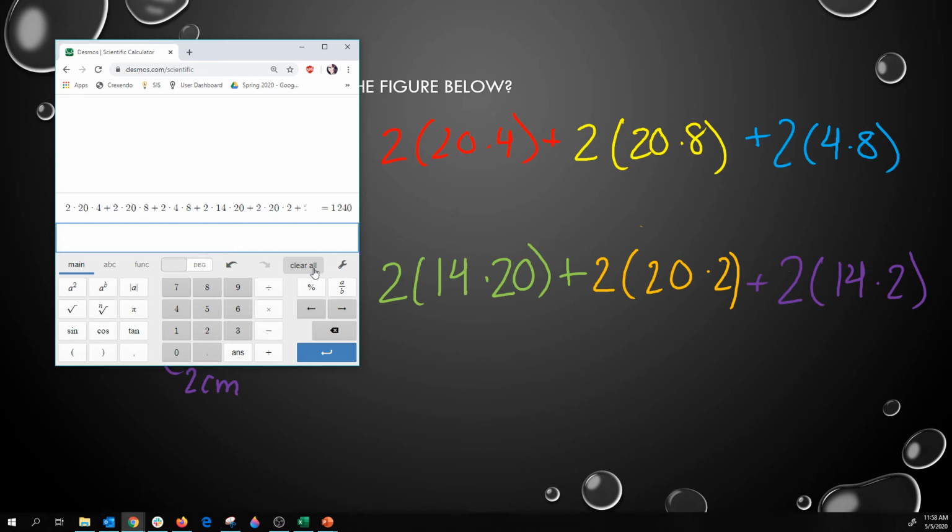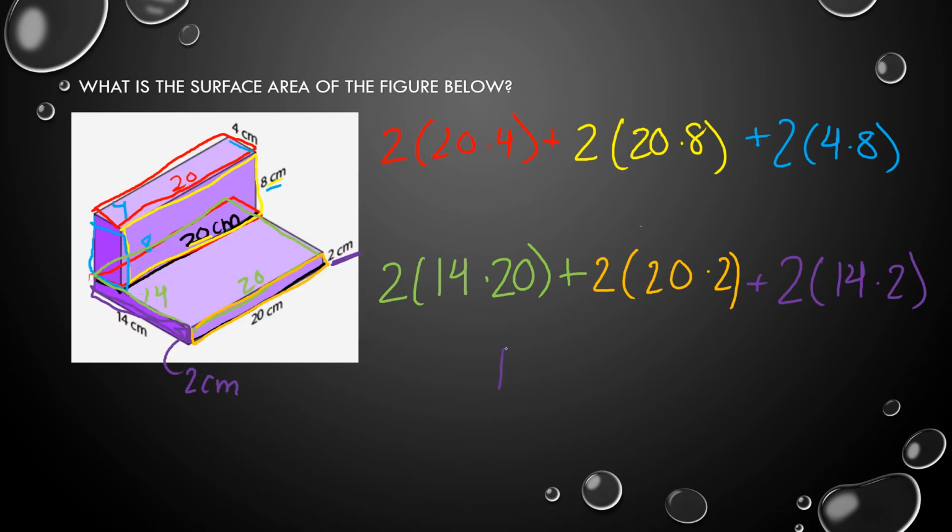Alright, so that gives us a grand total of 1240. So surface area for this composite figure is going to be 1240 centimeters squared. So again, you're finding the area of each surface and adding them all together.